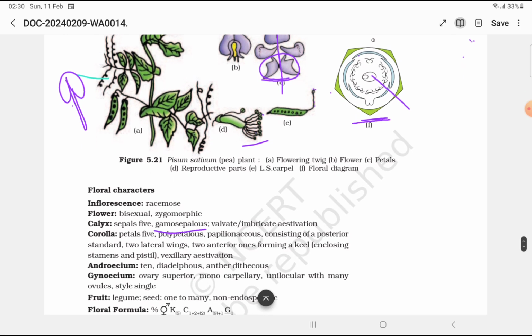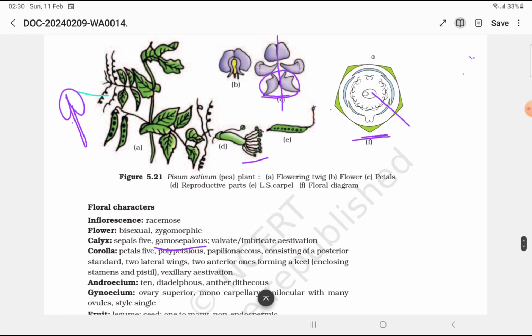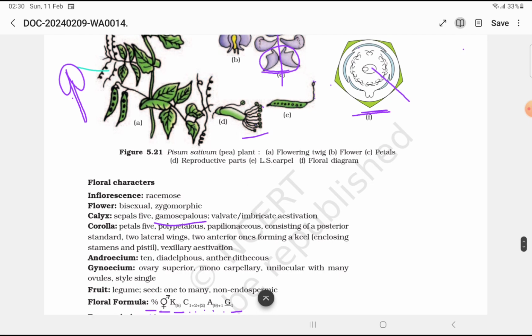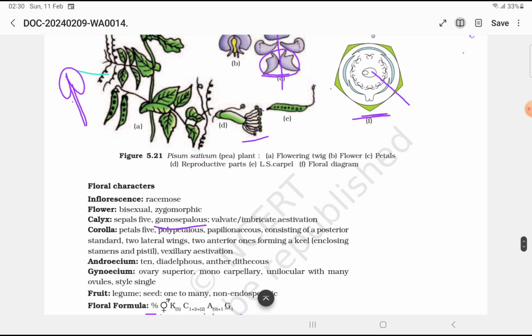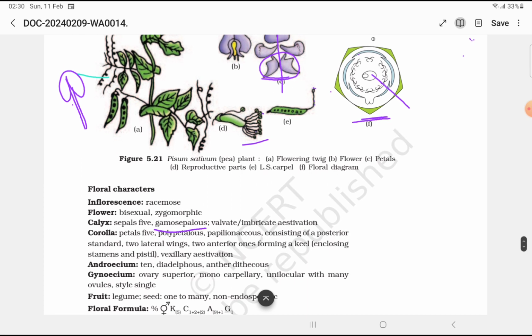Even the androecium is very special, diadelphous and dithecous anther. Diadelphous is a characteristic feature. And the gynoecium is monocarpellary, that is unilocular, with a number of seeds arranged in marginal placentation. Marginal placentation is a characteristic feature of Fabaceae too.